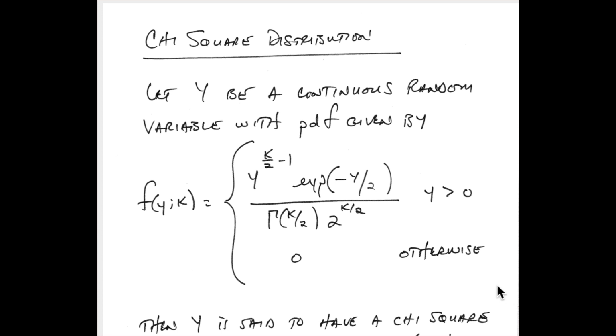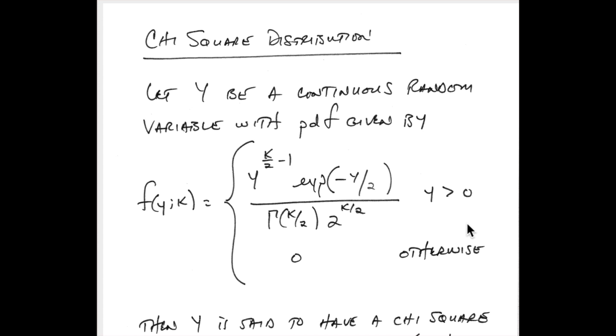Let y be a continuous random variable with PDF given by the following expression. It has a sample space consisting of the positive real numbers, and it takes on a value 0 otherwise.